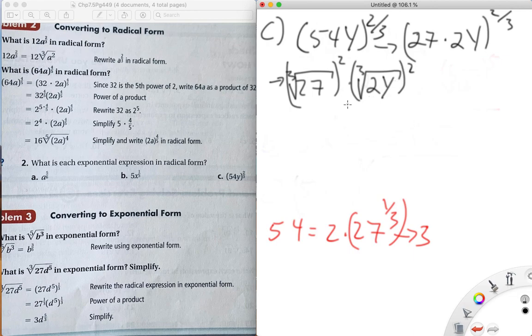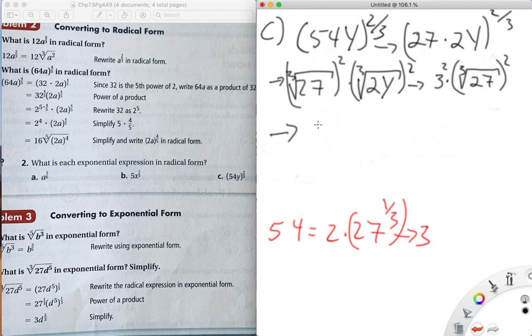Okay. 3 is in the denominator, so the index is 3, so I'm cube rooting it, and then I'm raising them both to the power of 2. And then, since I know that cube root of 27 is 3, 3 times 3 times 3 is 27, I can say that this is 3 squared times cube root of 27 squared.